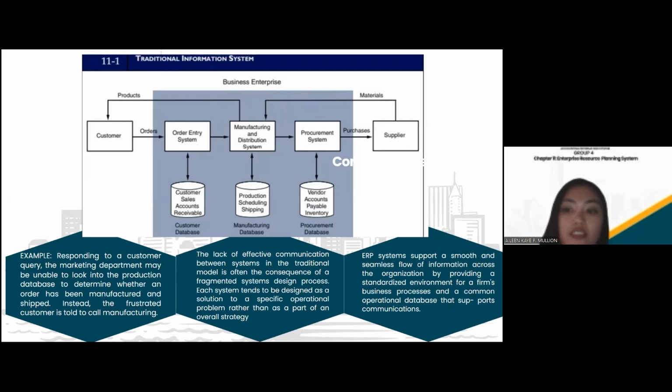Furthermore, because systems designed in-house emerge independently and over time, they are often constructed on different and incompatible technology platforms. That's why ERP system was created to support a smooth and seamless flow of information across the organization by providing a standardized environment for a firm's business processes and a common operational database that supports communication.